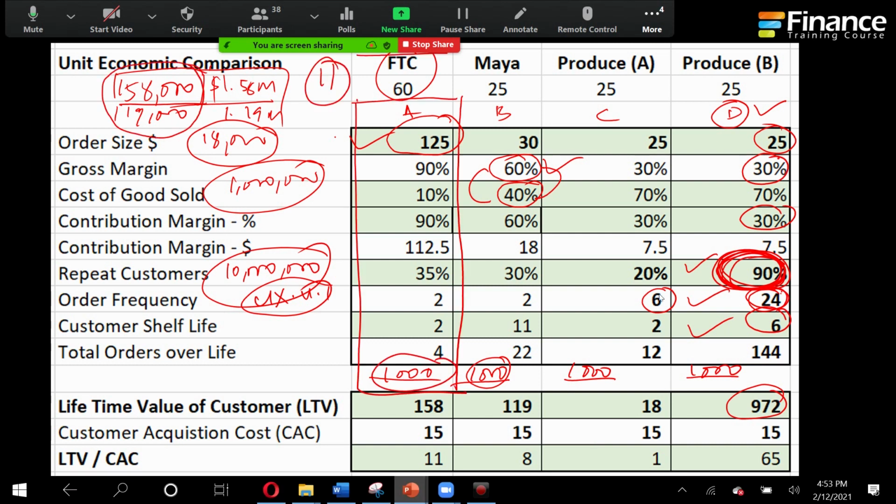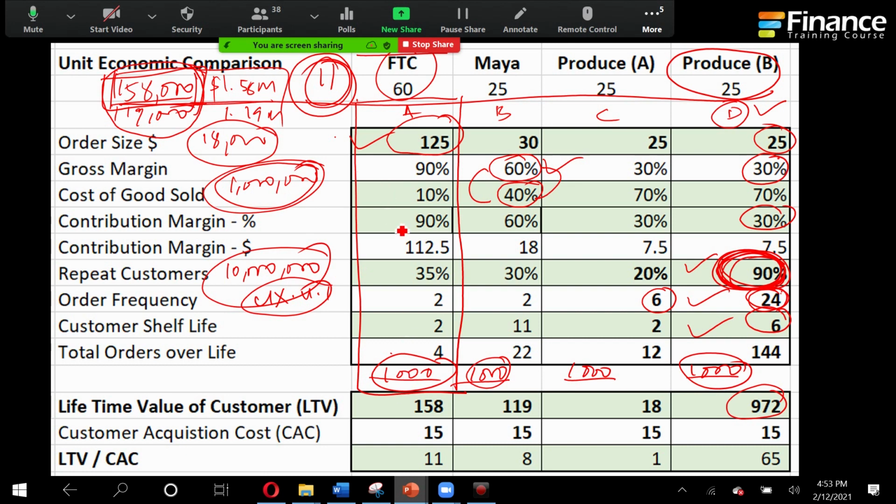It's taken me 11 years to get FTC to a point where it has 1,000 customers and it's worth $158,000. Does that make sense? If I'd spent the same 11 years working on a business similar to business D, which is Produce B, I would have a business worth $1 million at 1,000 customers.